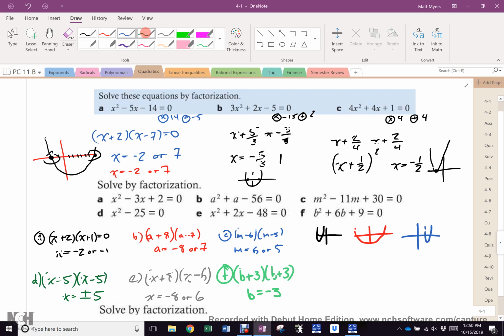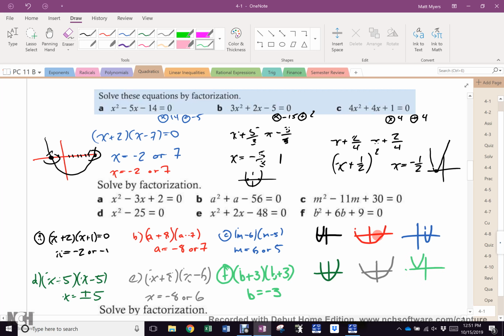The graph for D, positive and -5, exactly the same size, right? -8 and 6, it's going to be another wide one. And lastly, B equals -3, it's going to bounce off on the negative side.